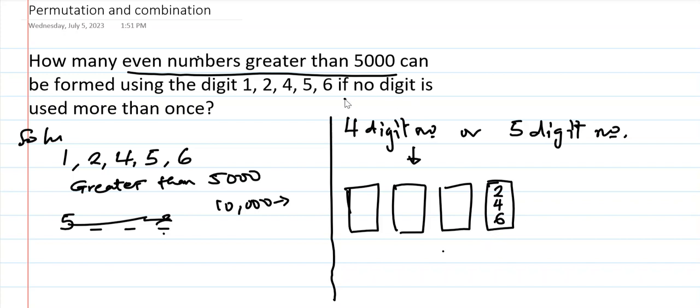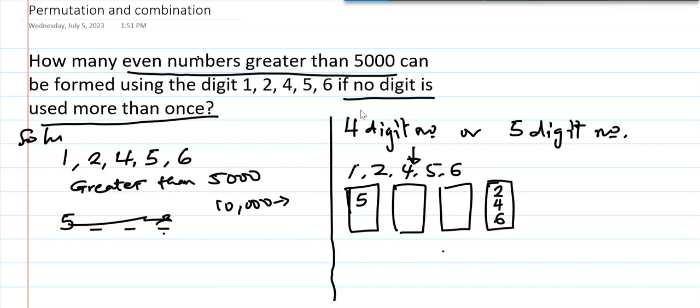And no digit is used more than once, so we can't repeat. You understand? So now, for it to be greater than 5,000, you can start with 5, right? 1, 2, 4, 5, 6.